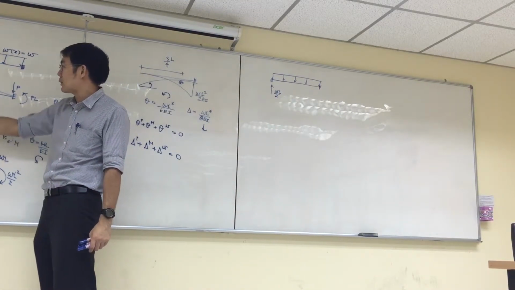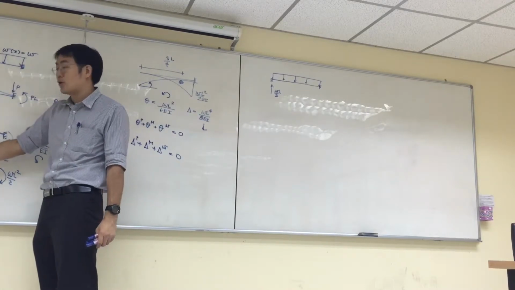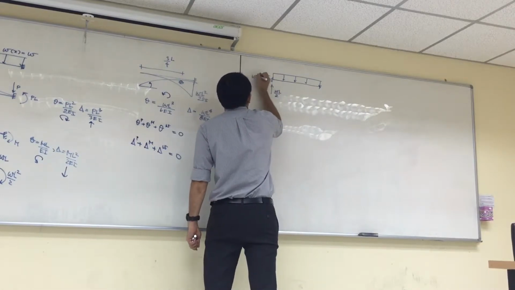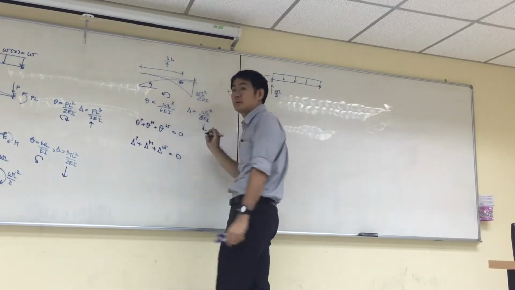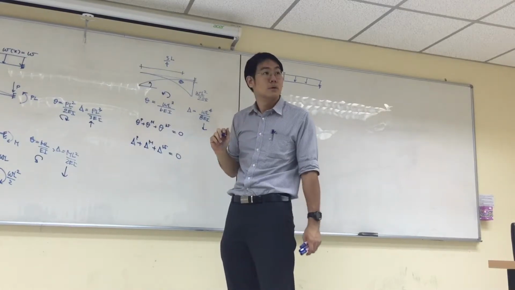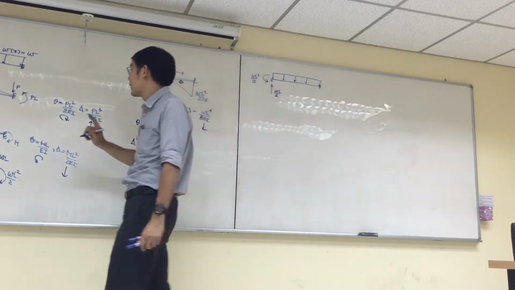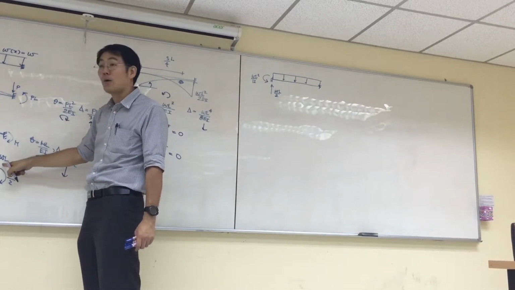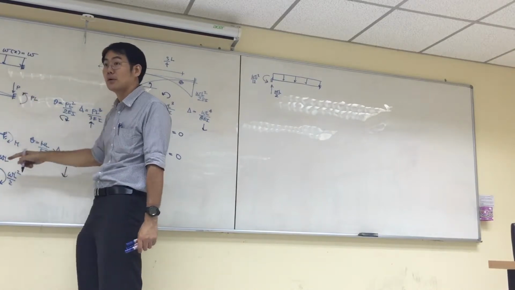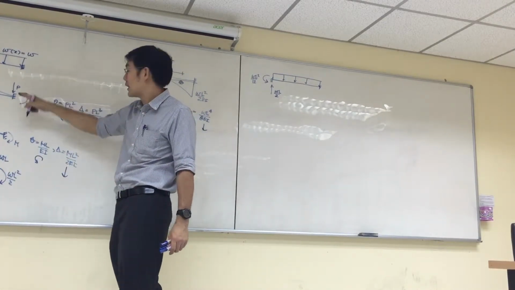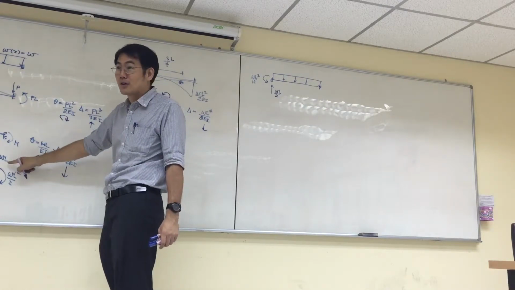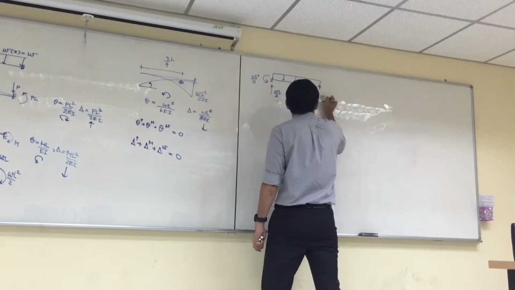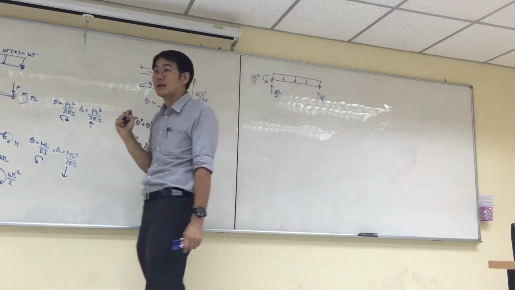One moment M equals WL²/12. No moment here. So over here you get WL²/12. What's next? P downward, WL upward. Just these two. So P equals WL/2. WL is WL, so these two cancel out. You have only WL/2 remaining.